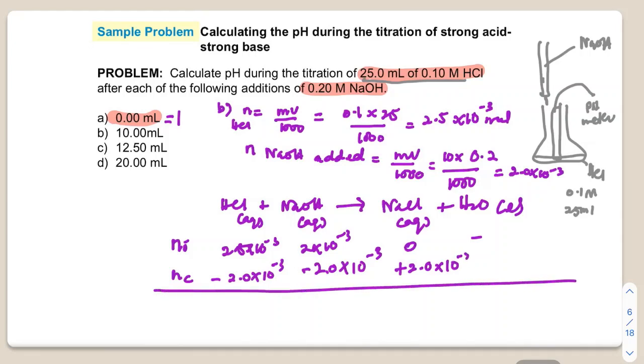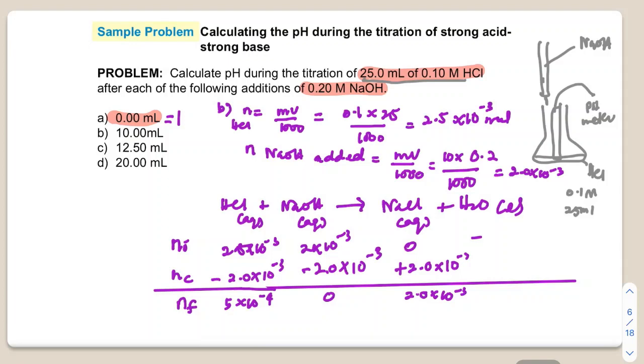So n final is equal to 5 times 10 power of negative 4 left of HCl, no more sodium hydroxide, and 2.0 times 10 negative 3 mole of the sodium chloride formed.